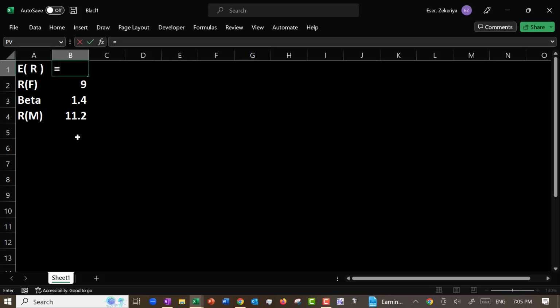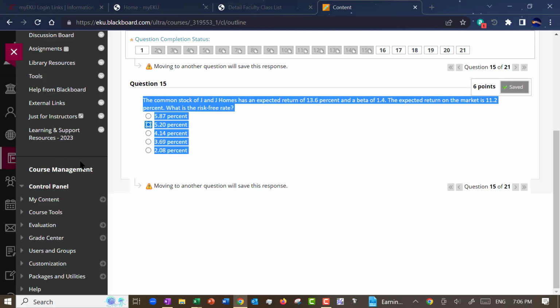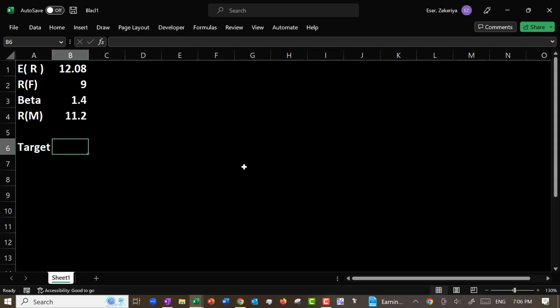If I knew these three, I could calculate the expected return: risk-free rate plus beta times expected return on the market minus the risk-free rate. Let me call the target. My target is 13.6.